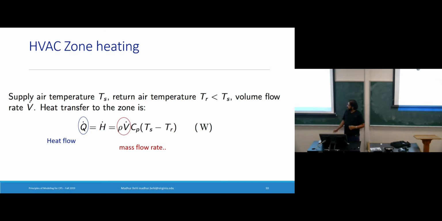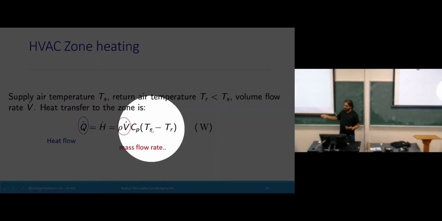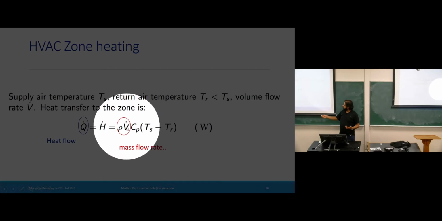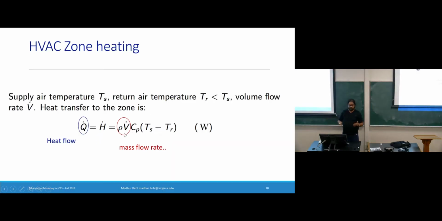What is important is that the thermostat is eventually controlling the heat flow into the zone. How does it do that? It either changes the supply temperature, Ts, or it changes the volume or the mass of the air being sent into the zone at that temperature. Right? So rho is the density, and density times rate of change of volume, which is really what the damper is doing, is essentially the mass flow rate from our previous equation.